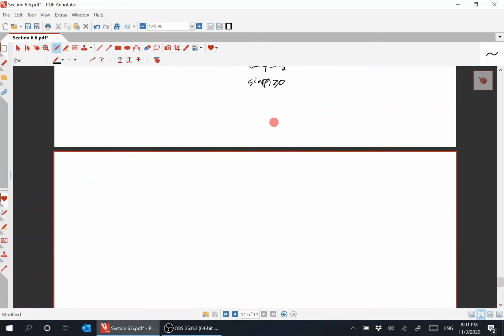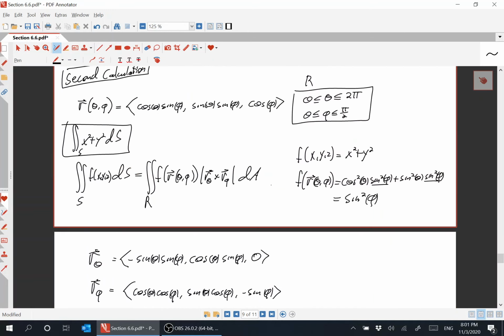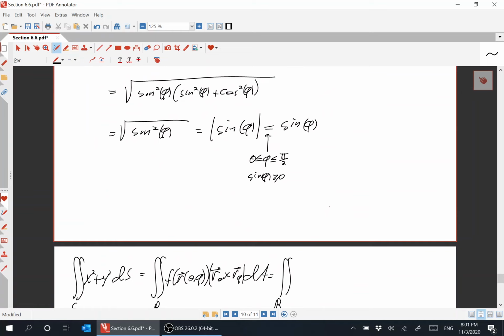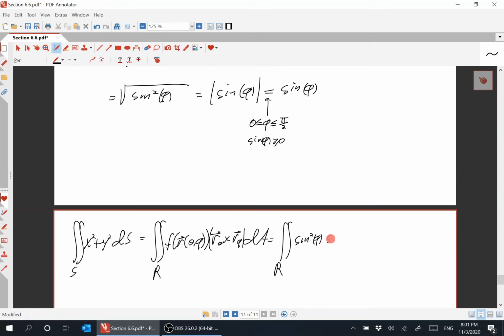All right. So the surface integral over S of x squared plus y squared dS is the double integral over R of f of r of theta phi times the length of r theta cross r phi dA. F of r of theta phi, what was it? It's right here, sine squared phi. R theta cross r phi, sine phi, dA.